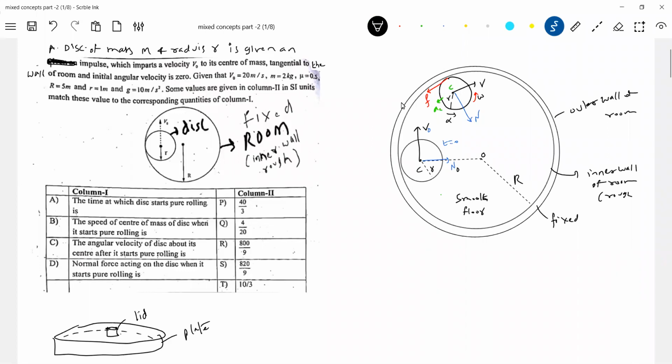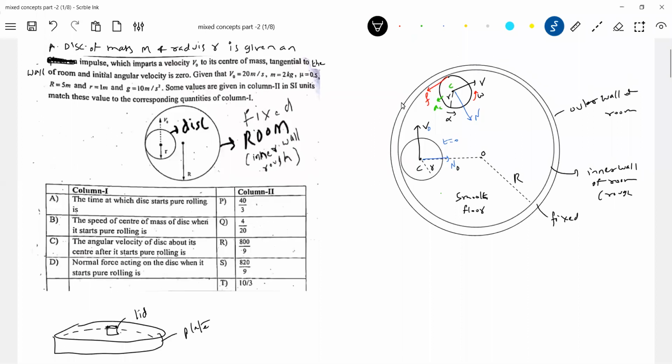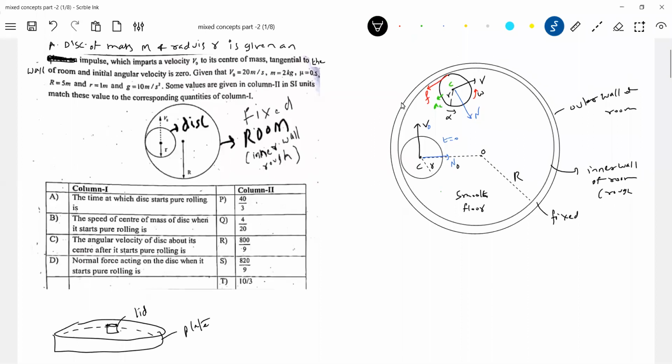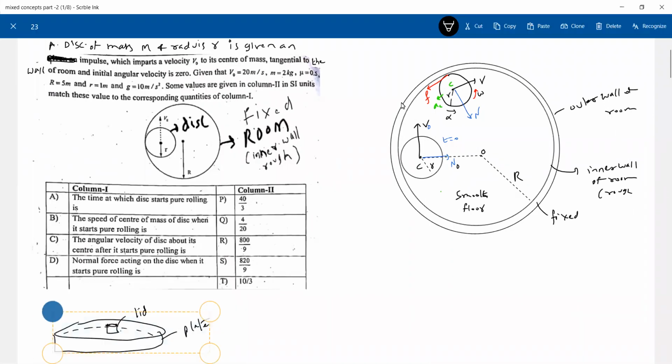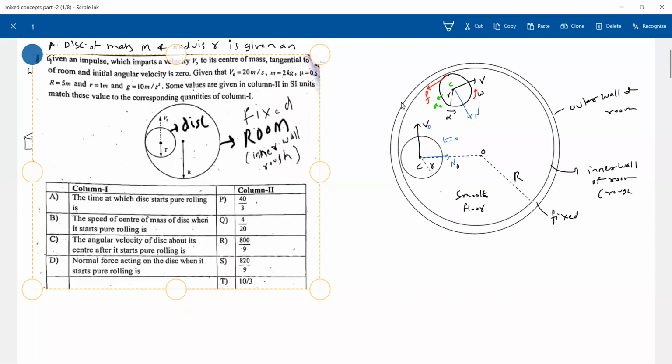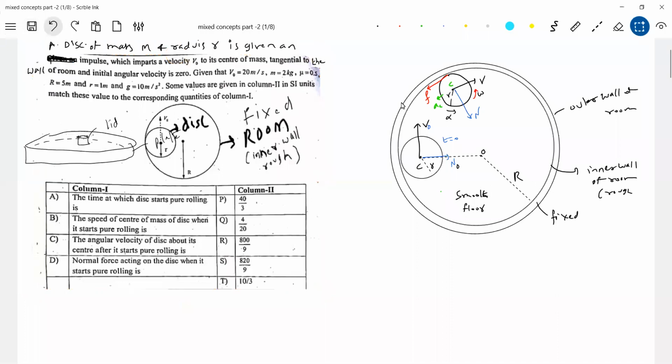Get into the problem. At any instant of time, what is the normal reaction provided?